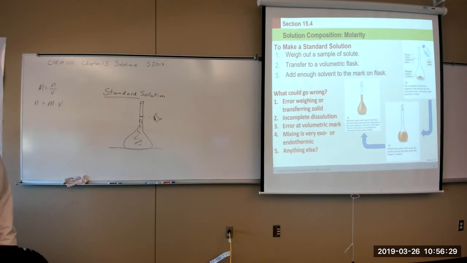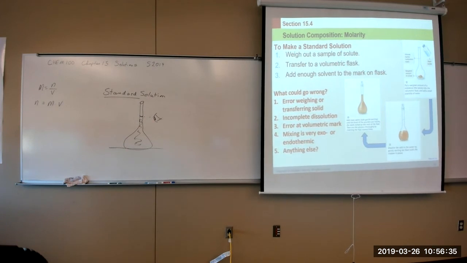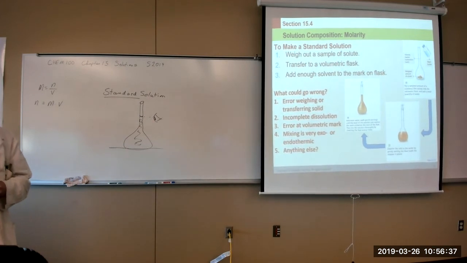So you bring it up to the mark, and as it cools down, it shrinks. That's safe. If it's the other way around, endothermic, bring it to the mark, and then as it heats up, it expands, and you're in trouble.